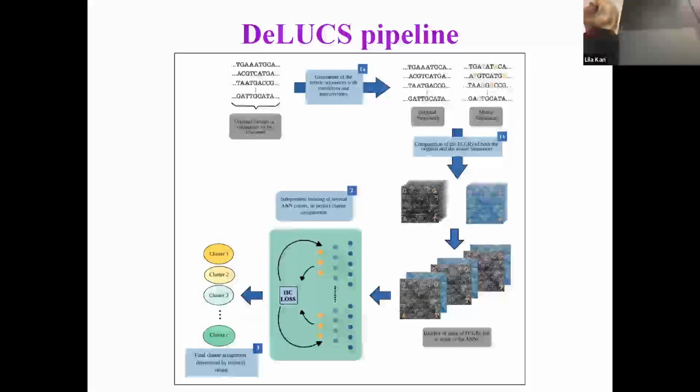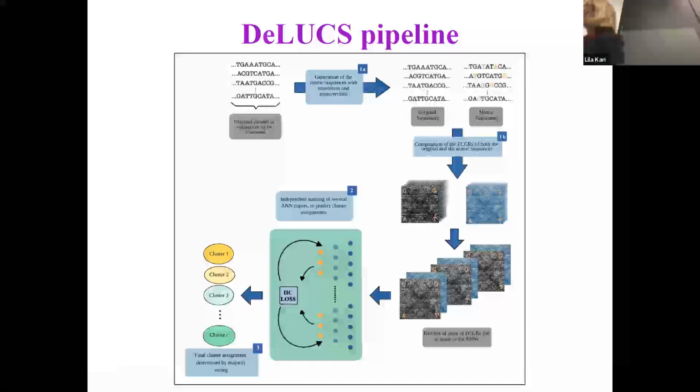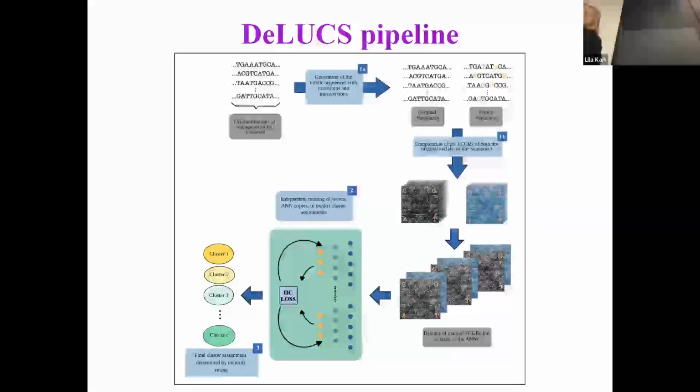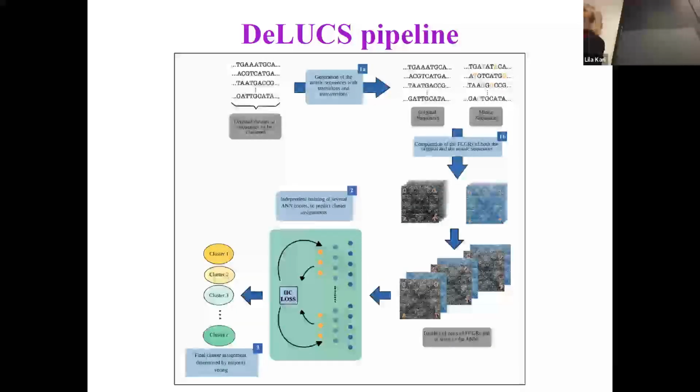For each sequence, we generate mimics by introducing some mutations. Then we compute CGR representations for all of them, both the originals and the mimics. We feed pairs of original and mimic sequences to several ANNs, with their loss functions. And at the end, whatever predictions we got, we use majority voting to decide the cluster assignment for each sequence.